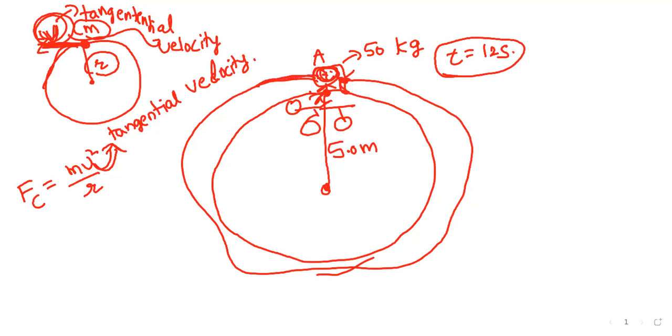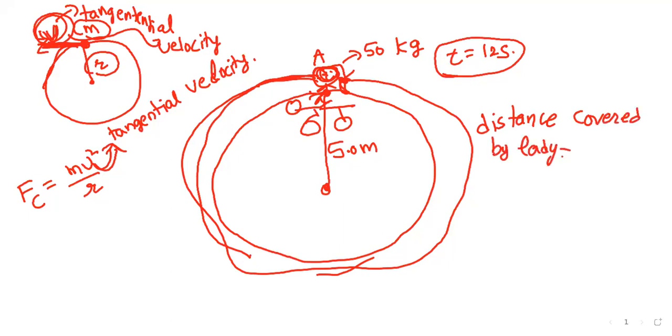If we are looking for the circumference? Yeah, exactly. That's a brilliant idea. We are trying to find the circumference, and that's the distance. So the distance covered by the lady is nothing but the circumference.